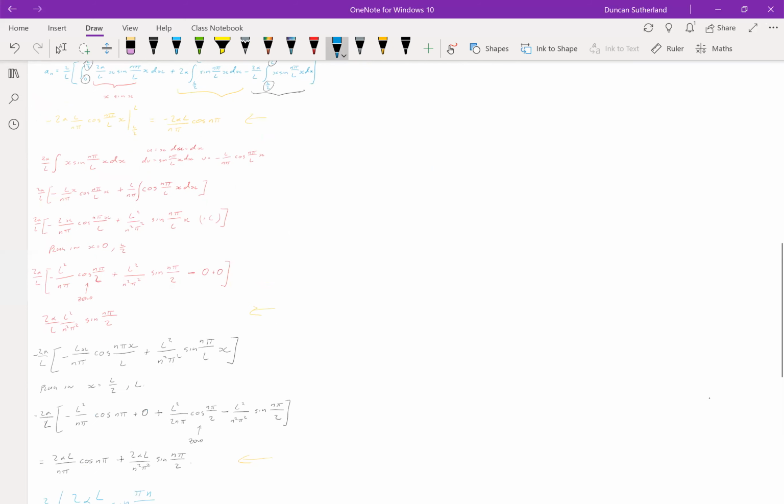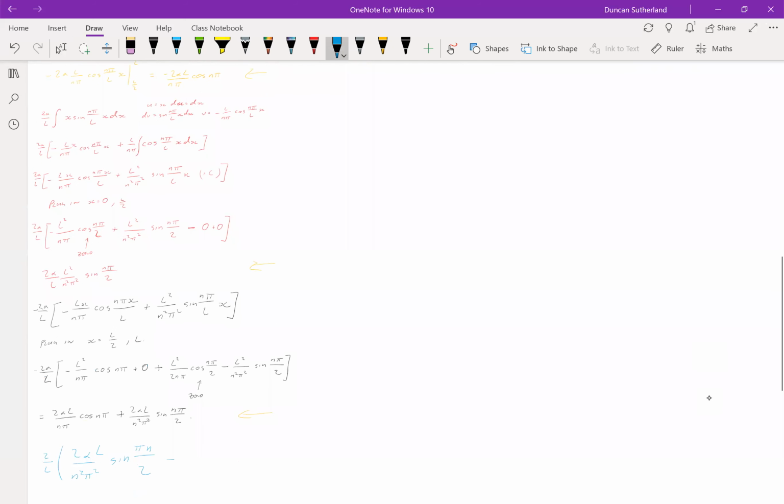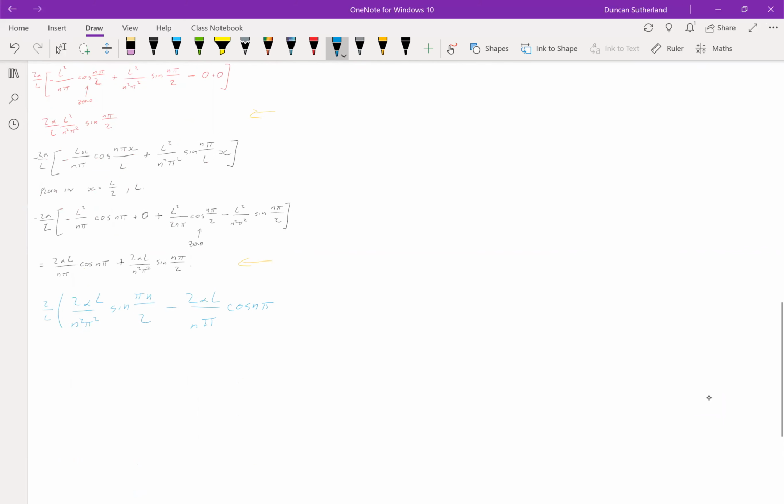Then my yellow integral's the next bit, minus 2 alpha L on n pi cosine n pi. And now finally the black one, plus 2 alpha L on n pi cos n pi plus 2 alpha L on n squared pi squared sine n pi on 2.